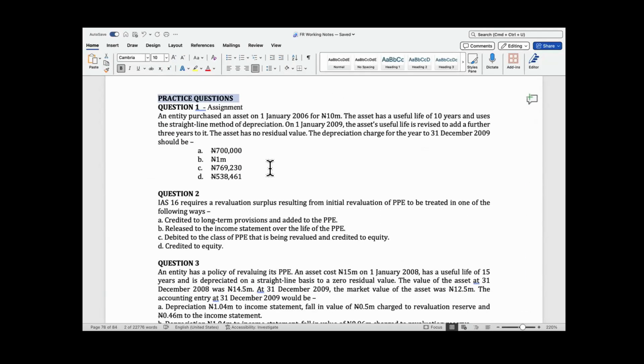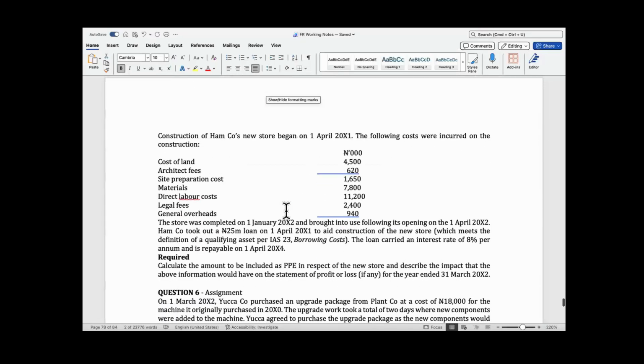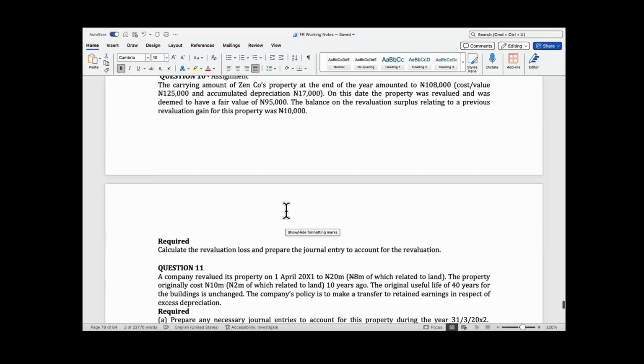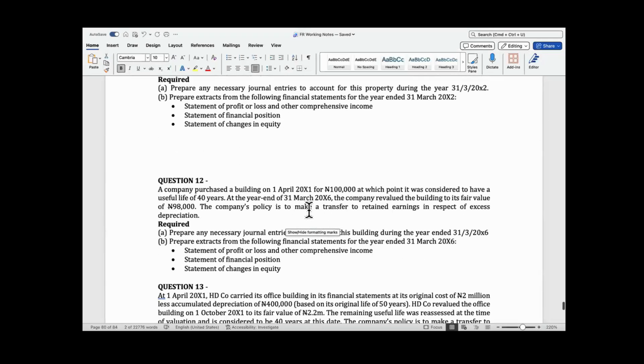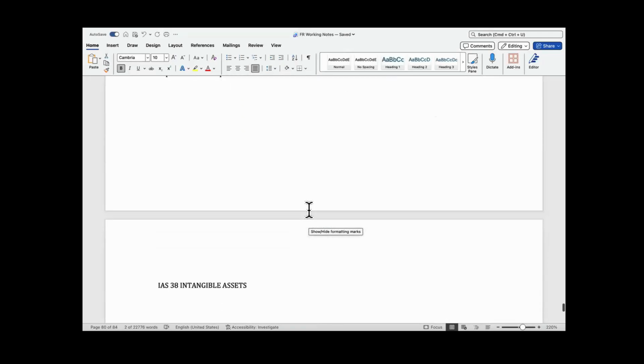You have to attempt it. Fasheito, please remind me to send you the solution to those ones that you shared. I've looked at it. He's not even in class yet, but he attempted all of it. So the rest of you, please go and attempt it. It makes you practice and helps you understand all of these things.